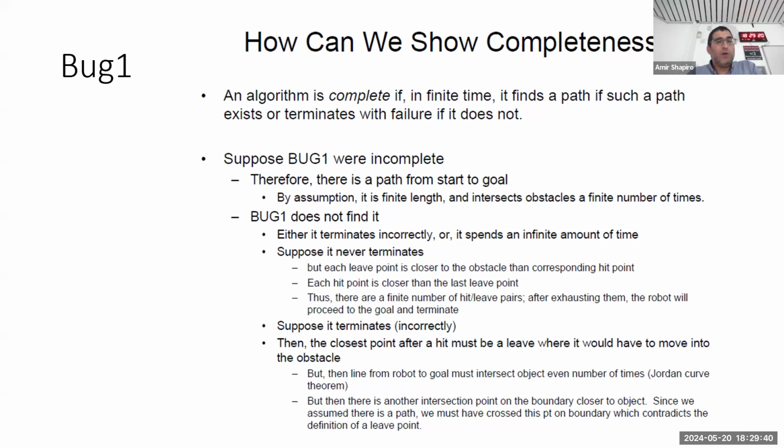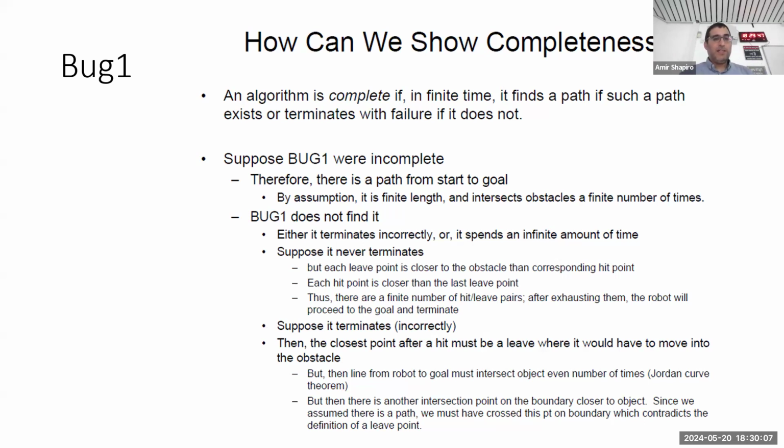And Bug 1 does not find the solution if it exists. Either it terminates incorrectly, so it stopped, or it spends an infinite amount of time looking for the path.